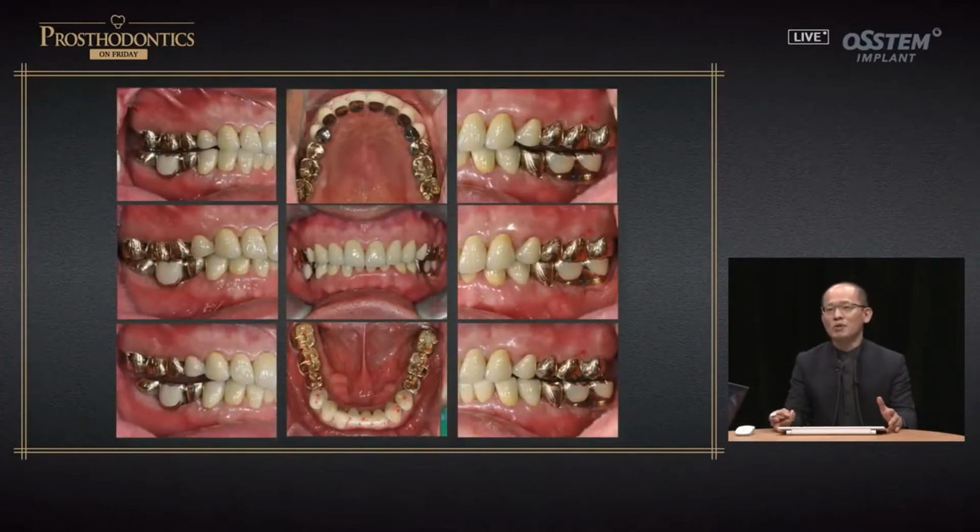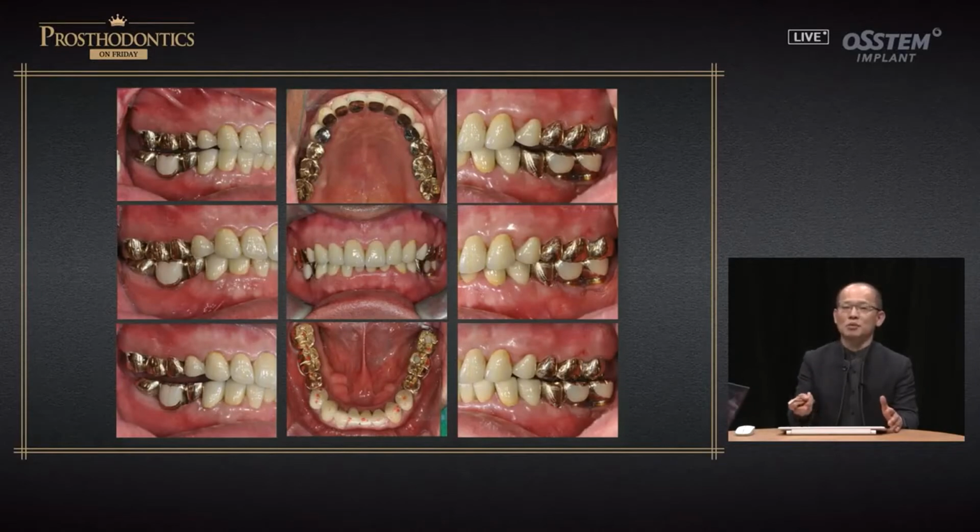So this is after rehabilitation. It's been a while, so in terms of aesthetics and materials, there are things that are lacking from today's view. In case of full mouth rehabilitation using implants, you need to have a long-term view.